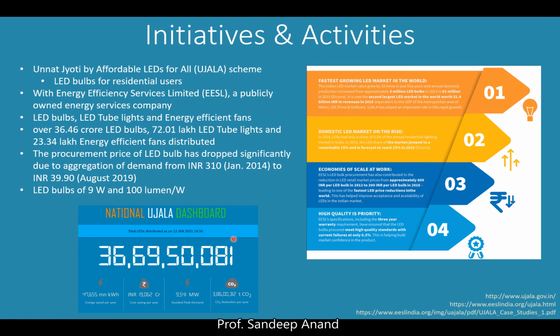For instance, because of the large procurement, the prices have dropped, right? The users got used to these LED lights and bulbs, and now even if they have to buy at market prices, they are happy doing it because they understand the advantages of using these things.